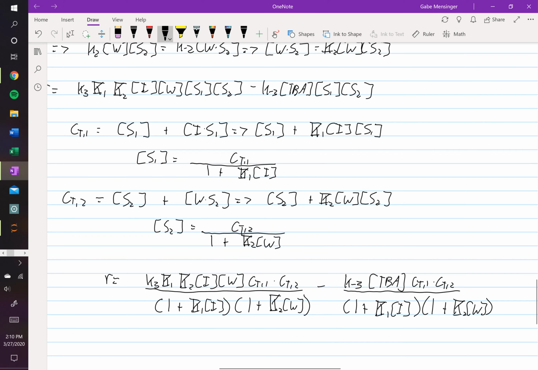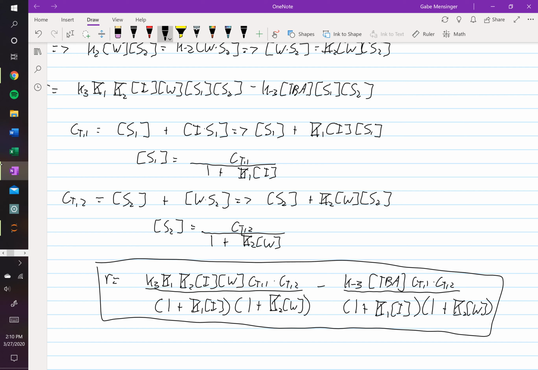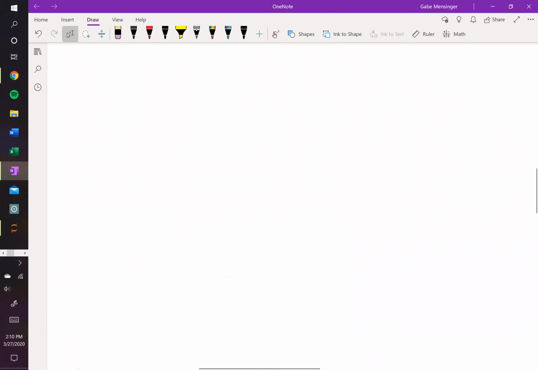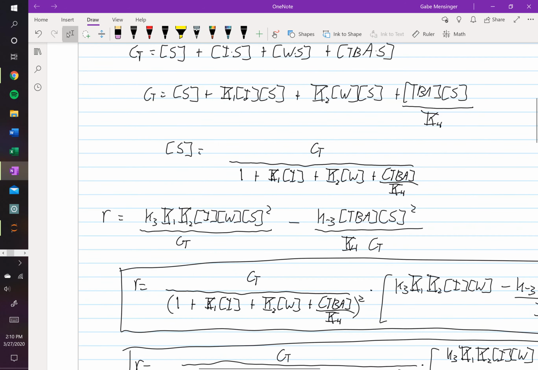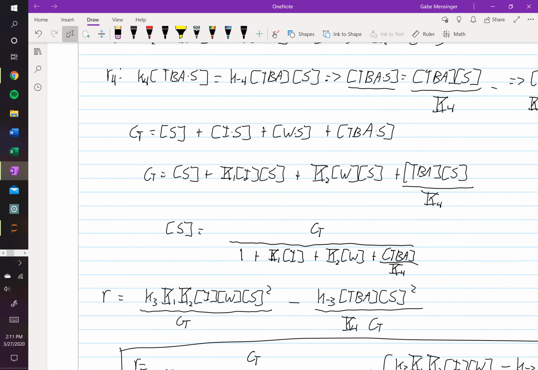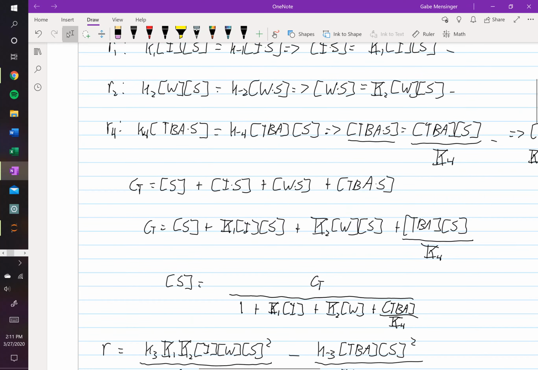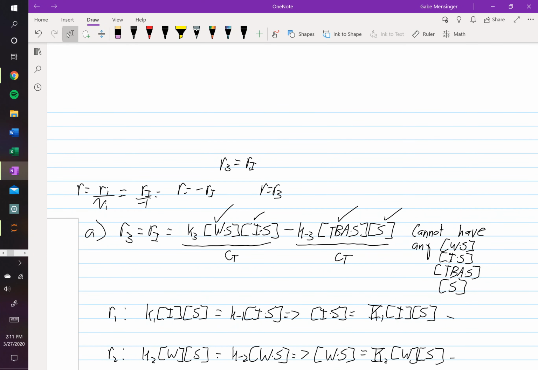And there you go. Part D. So I think the main focus of this problem is, of course, understanding the mechanism, understanding QE and where you can apply it, and understanding the actual site balance, and knowing that you can't leave these terms, your empty sites or occupied sites, in there, but you can leave the total number of sites in there.